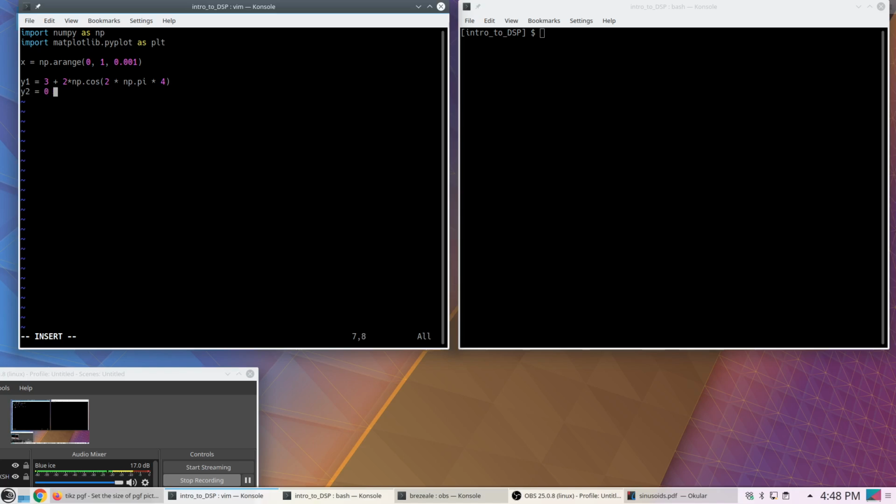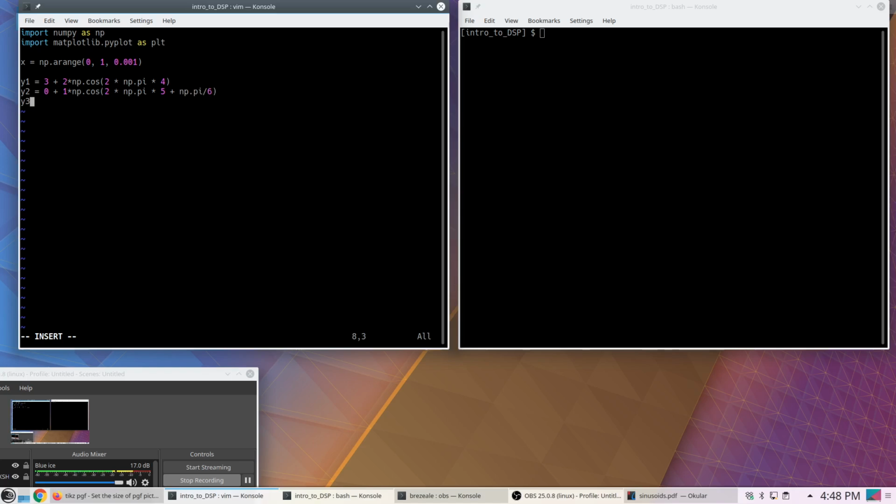I'm just doing it to make it consistent, but normally I would leave out the 0 in this case. Plus 1 times np.cos of 2 times np.pi times 5x plus np.pi divided by 6.